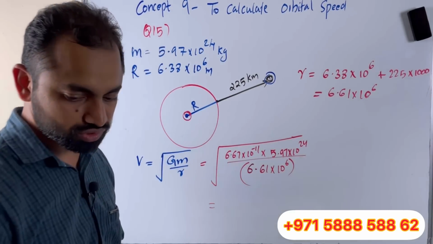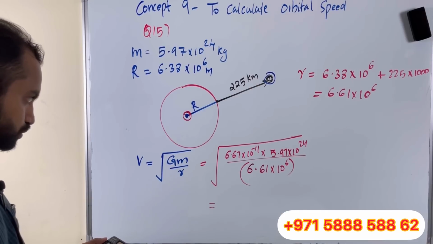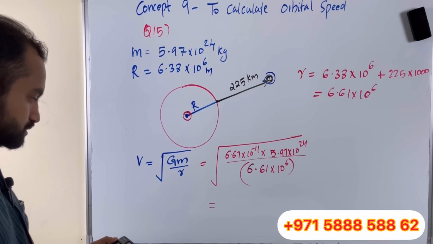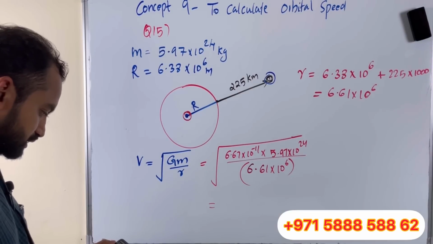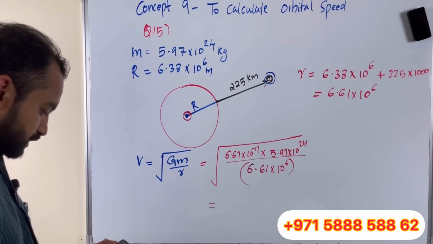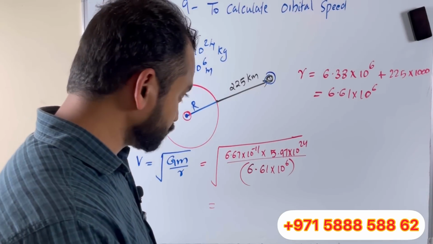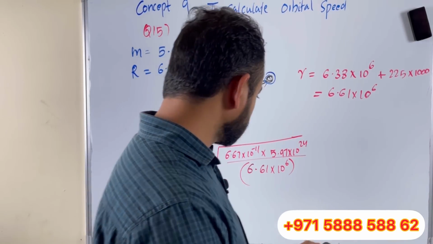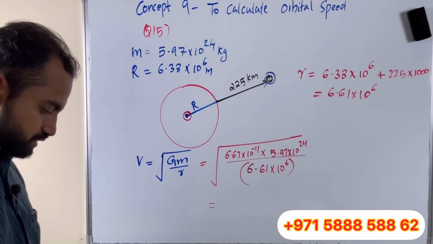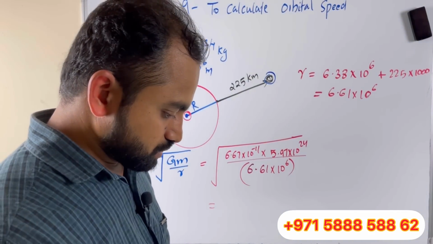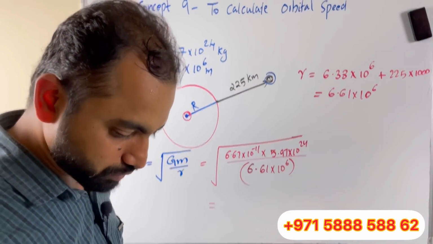Now we will check what the orbital speed is. So here the orbital speed is square root of 6.67 times 10 to the power negative 11 times 5.97 times 10 to the power 24 divided by 6.61 times 10 to the power 6, which is 7.76 times 10 to the power 3.